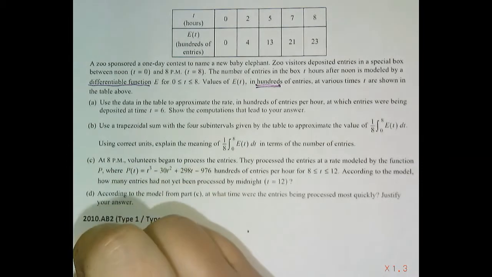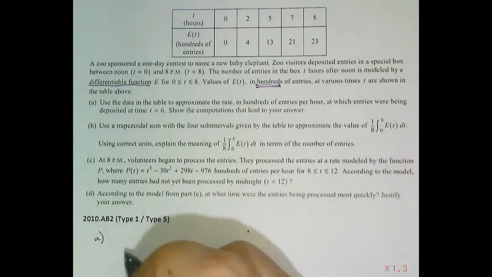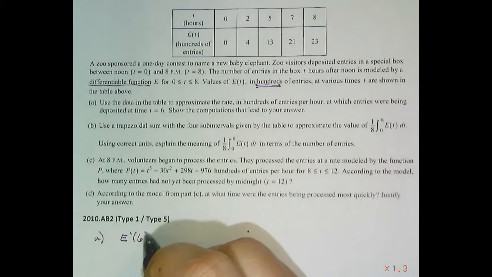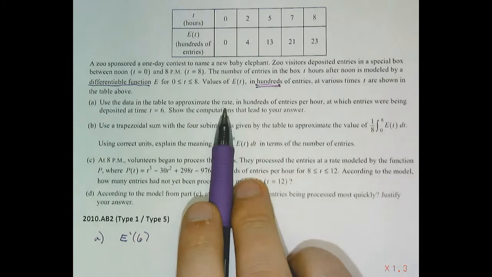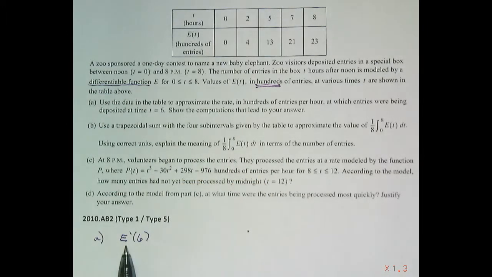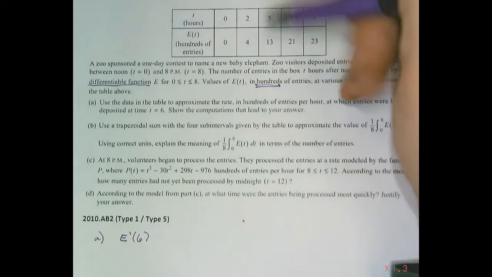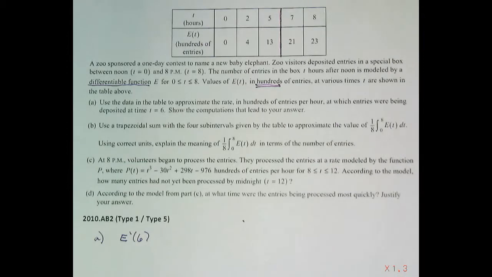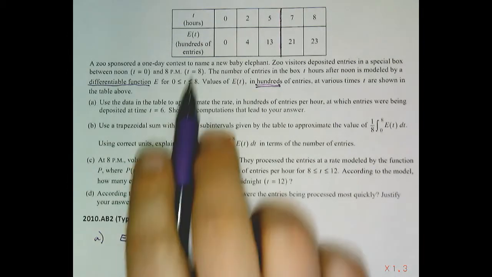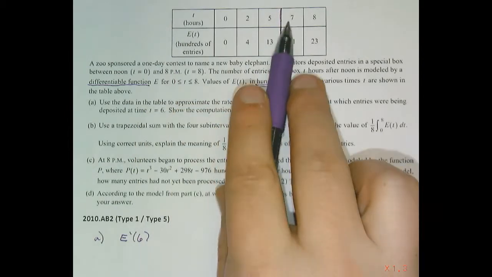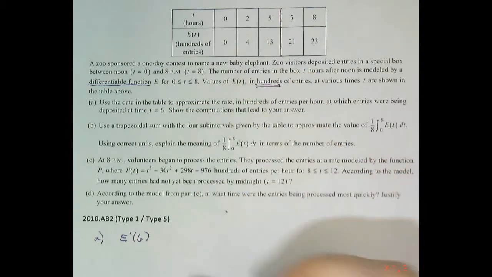So part A is asking us to figure out what is E prime of 6. What is the rate at time 6? So E prime of 6, we look at the table. 6 falls between 5 and 7, so the best approximation that we can do for the rate of E of t would be to calculate the average rate of change between these two times.